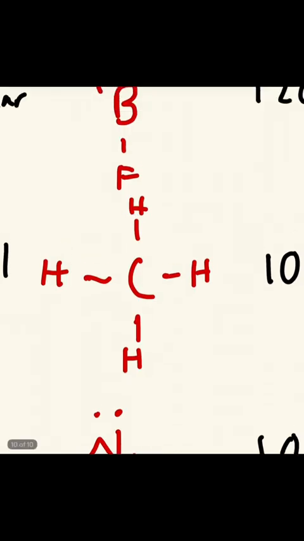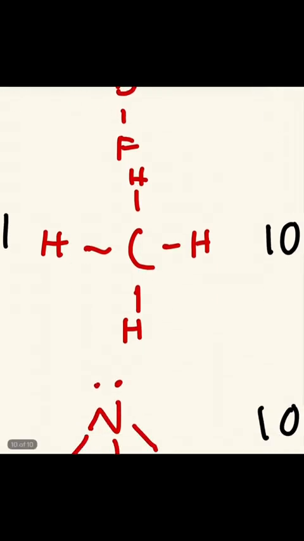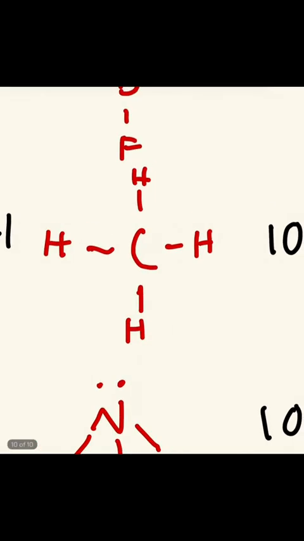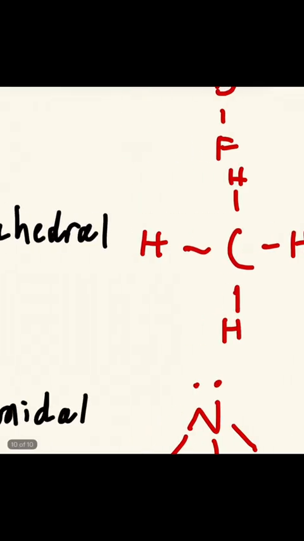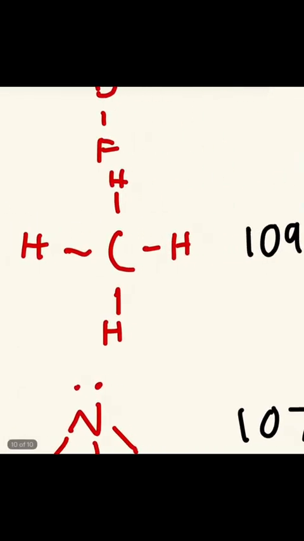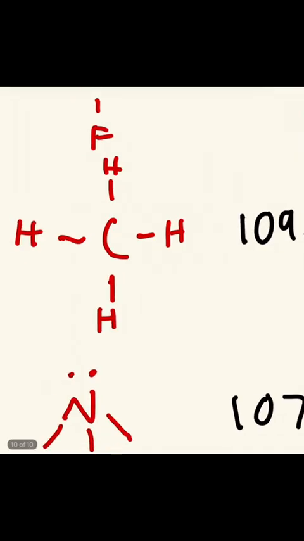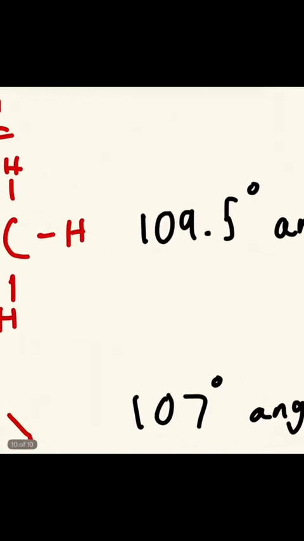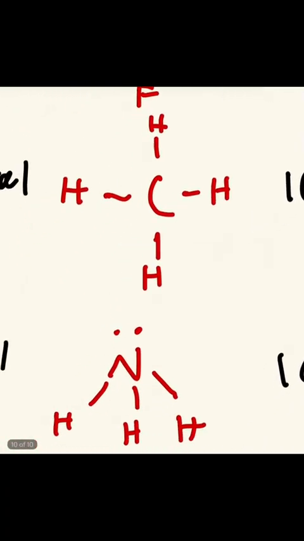Now you have to remember that this is in 3D space. So realistically, it's not going to be flat like this. I would encourage you to look up 3D diagrams of, this is methane. Look up a 3D diagram of methane and you'll see just how it sits in 3D space and why that angle is 109.5 and not 90.